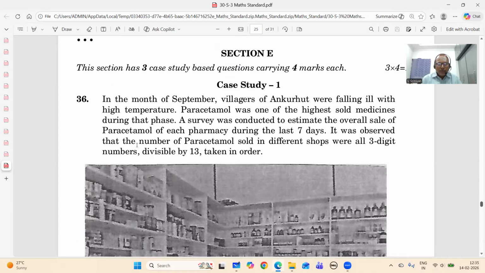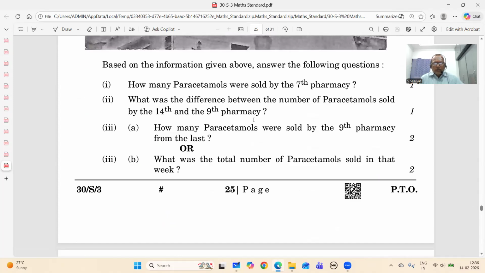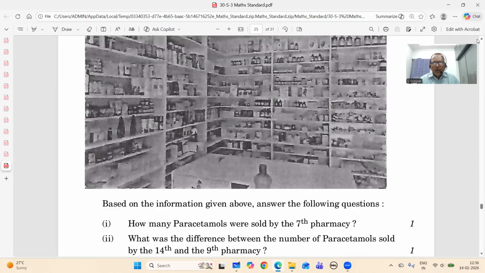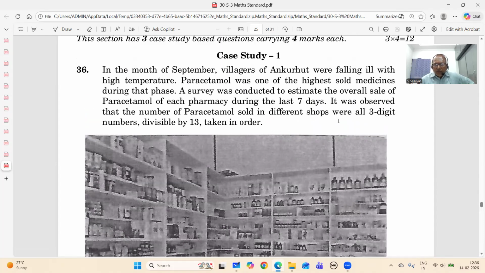It was observed that the number of paracetamol sold in different shops were all 3-digit numbers divisible by 13. So let us first look at the numbers that are all 3-digit and divisible by 13. Let us list them.